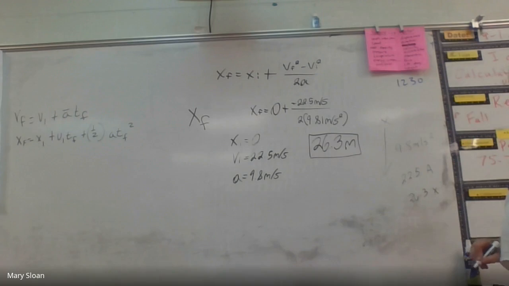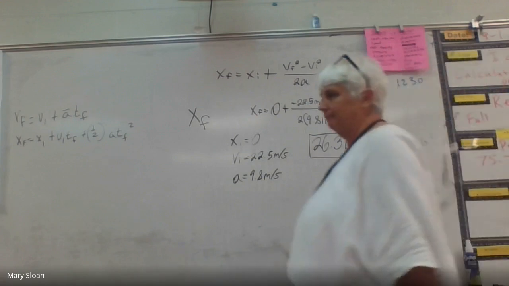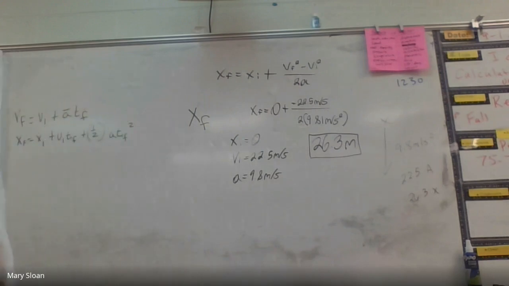So we have acceleration due to gravity. We have this one, which is 22.5. We have the change in position is 26.3. How can we figure out the change in time? I think if we multiply the acceleration times gravity.